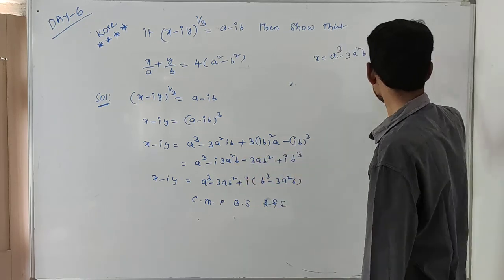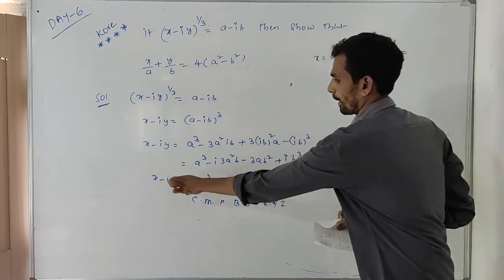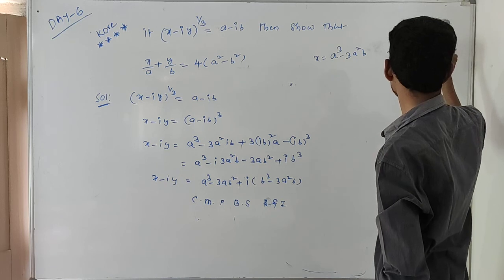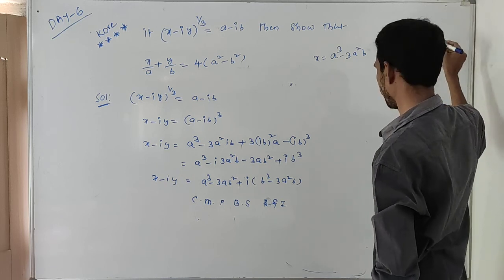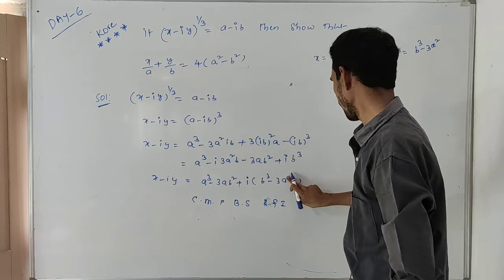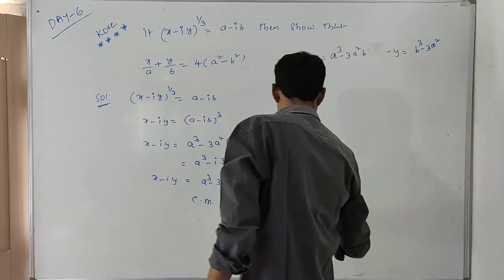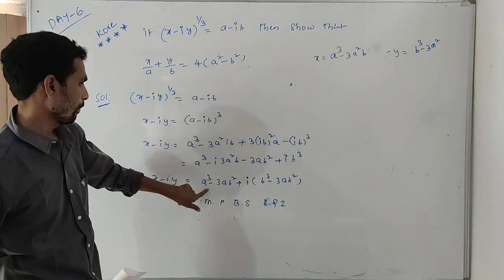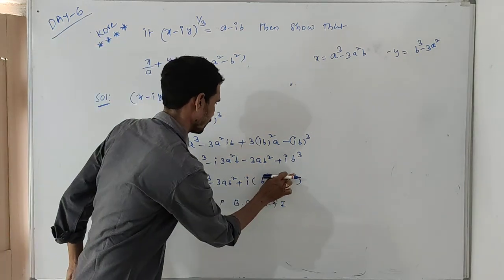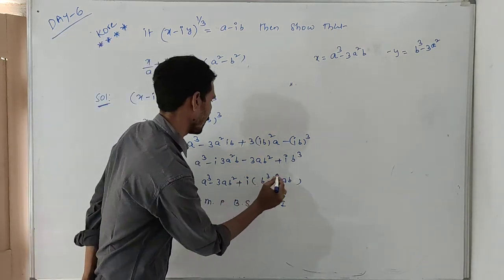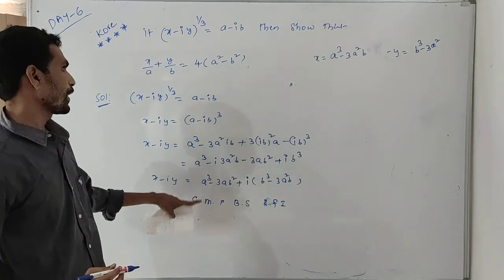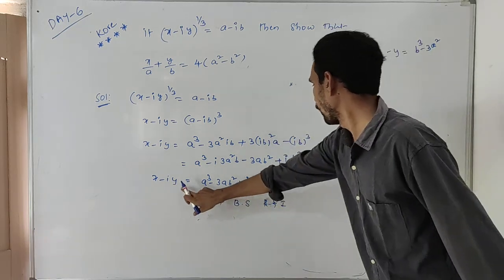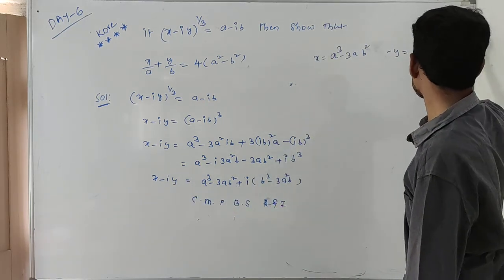Now what is the imaginary part here? −y is equal to b³ − 3a²b. So x is equal to a³ − 3ab², and y is equal to 3a²b − b³ after taking the minus common.